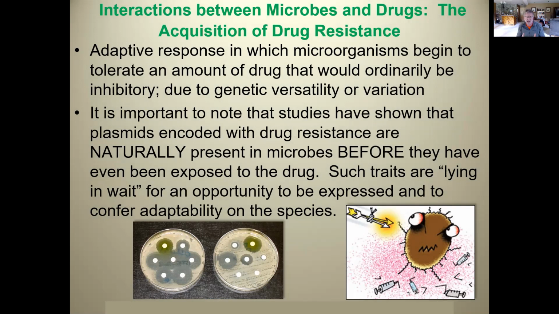That's what this second bullet talks about. And I think the last sentence sums it up really well, and I'll just quote it: some traits, drug-resistant traits we're talking about, are, quote, lying in wait, unquote, for an opportunity to be expressed and confer this adaptability on the species. In other words, protect it from the effect of the drug.